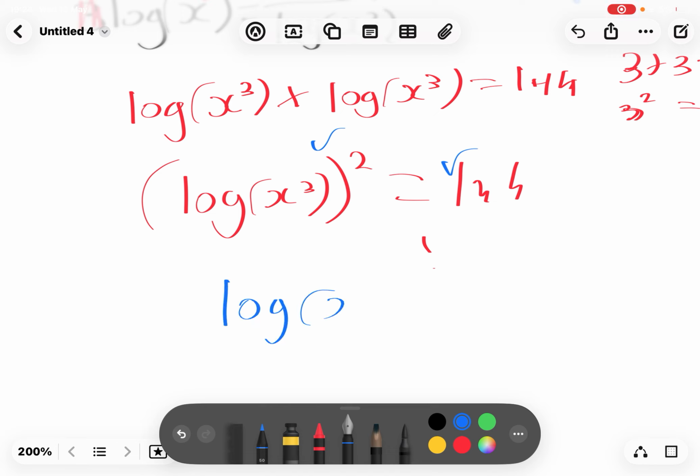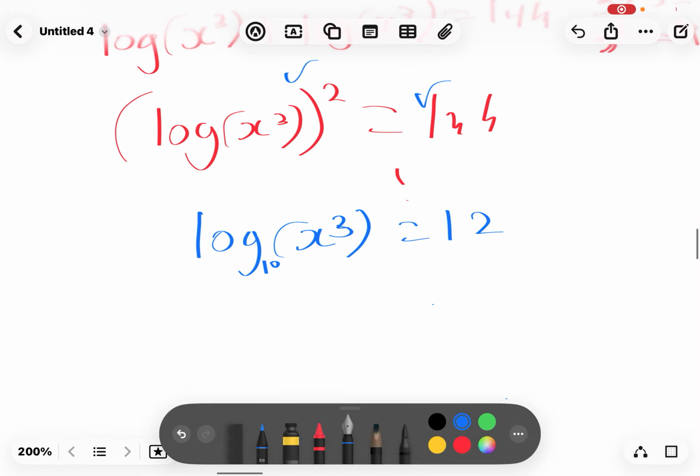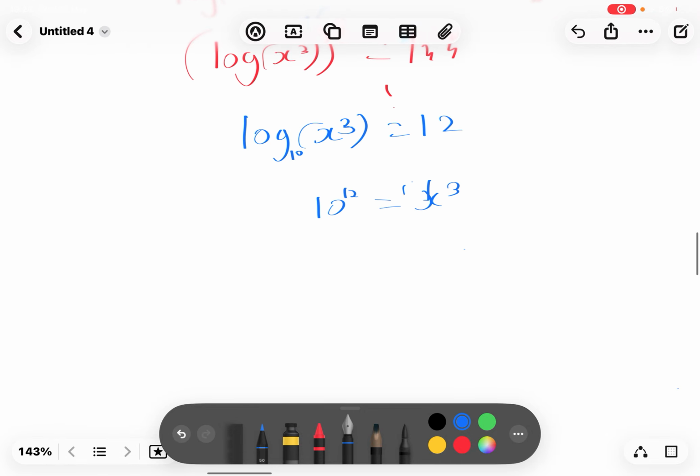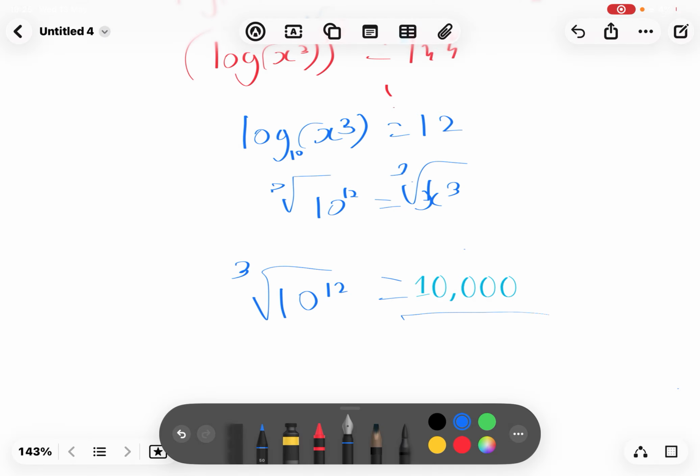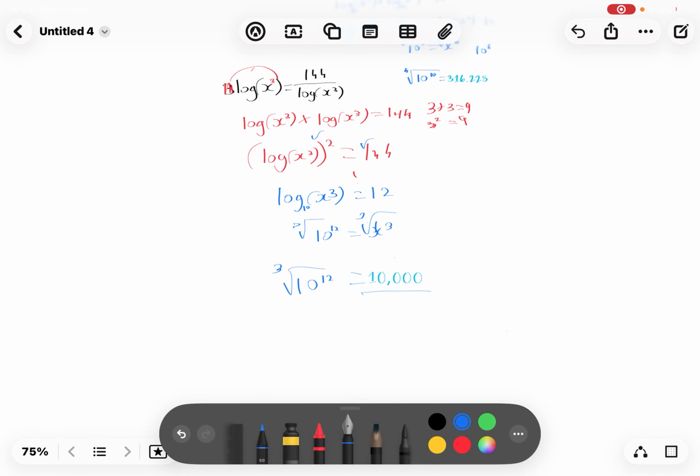Log x to the power of 12, and after that the base is 10, so 10 to the power of 12 equals x cubed. So the cube root of 10 to the 12 equals 10^4. So yeah, that's this part. Thank you very much.